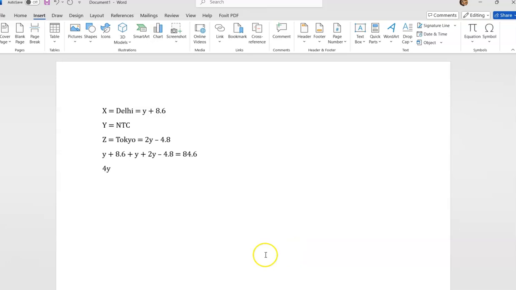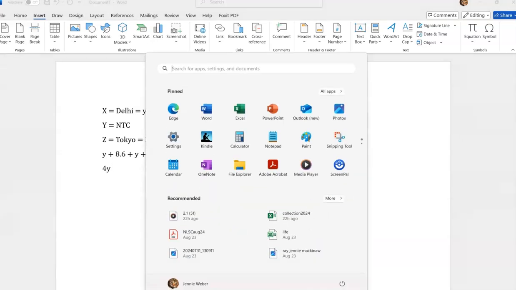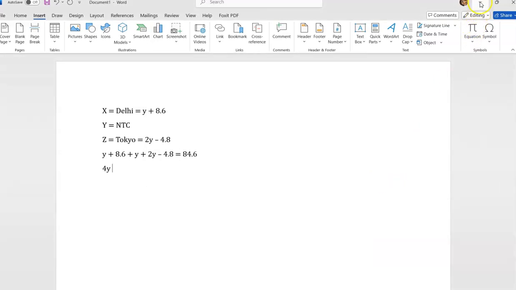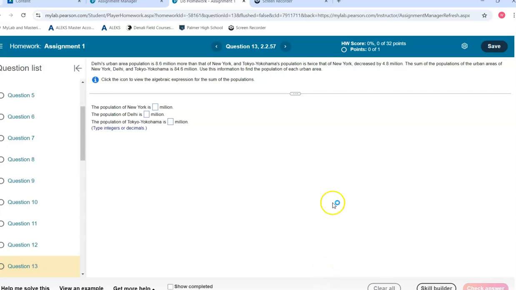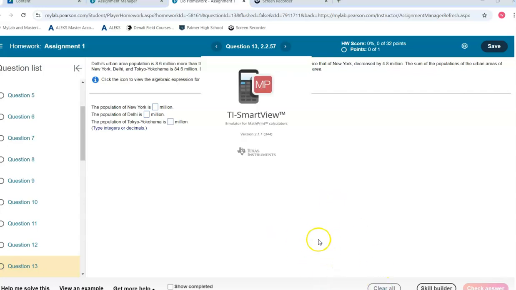And then I'm going to have, let's pull up a calculator here. I forgot to load it, so you get to watch it load.